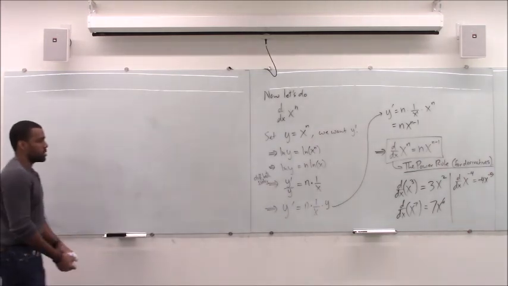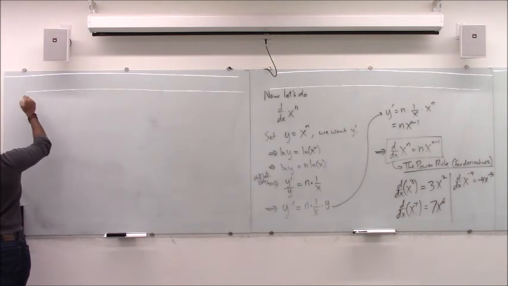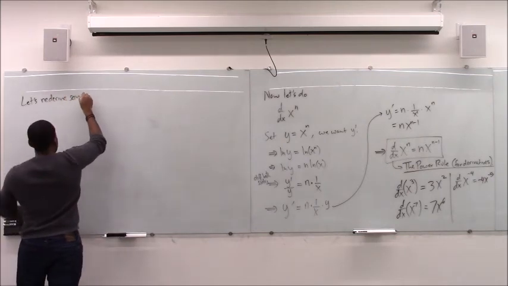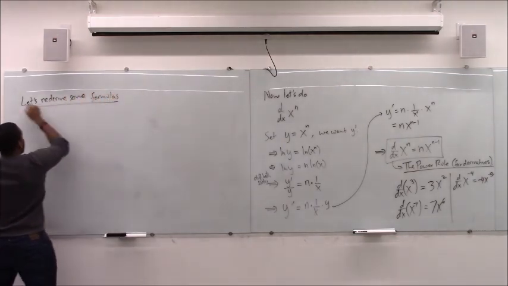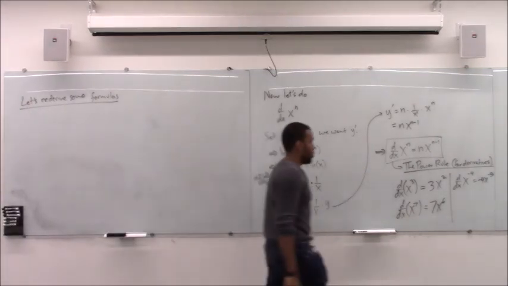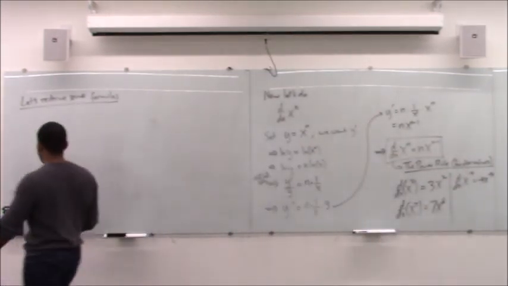And of course, through this, let's rederive some formulas. It turns out all the formulas that we know already, we could actually use the power rule to figure them out, even though we derived them the long way.